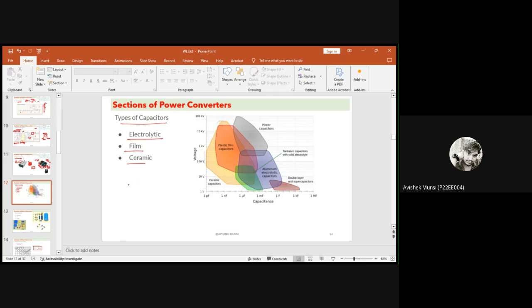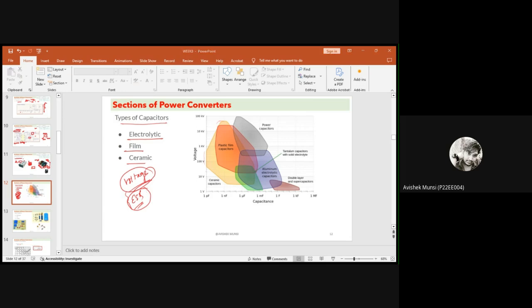While choosing a capacitor, you should keep in mind the first parameter we should choose, that is the voltage of that capacitor. After which you have to see the ESR of that capacitor, how much ESR it has. ESL is generally not given in the data sheet, so you should consider that. But two main things you should consider are how much ESR it has and how much voltage level it has.